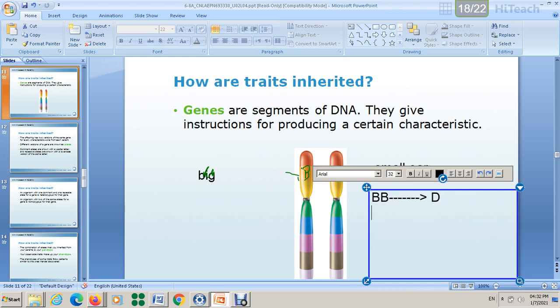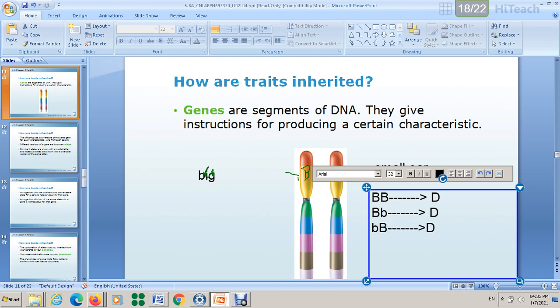If you receive from your mom capital B and from your dad the recessive one, it's going to be dominant too, because the presence of one dominant gene or allele is enough to make this characteristic appear. If you receive from your mom small b and from your dad capital B, it's going to be dominant also.